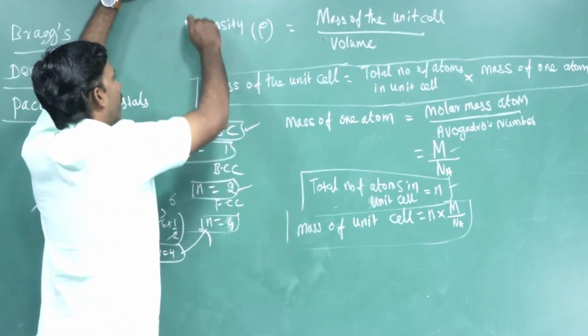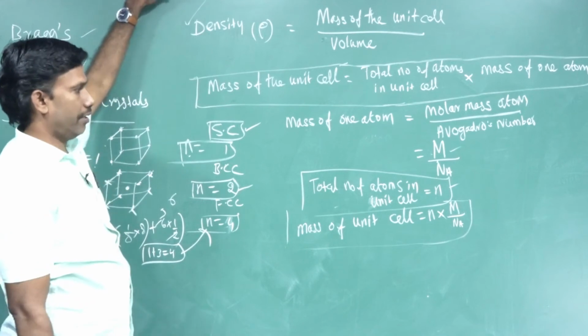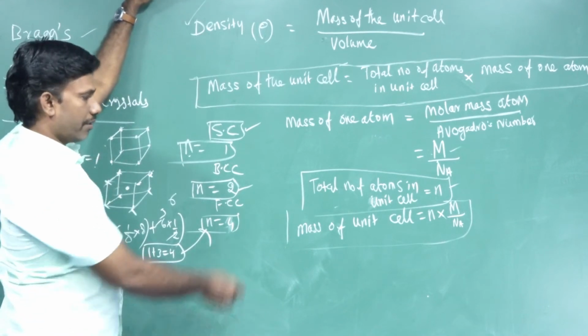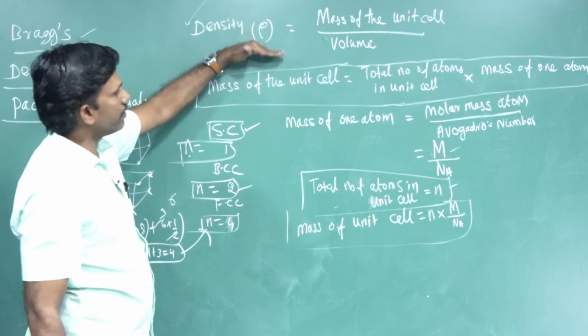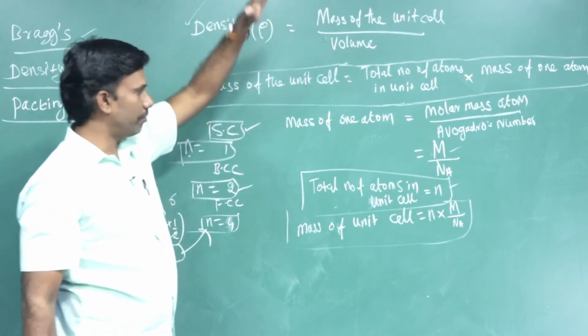Our aim is to calculate the density, which we have not yet reached. What is the density? Mass of one unit cell by volume.